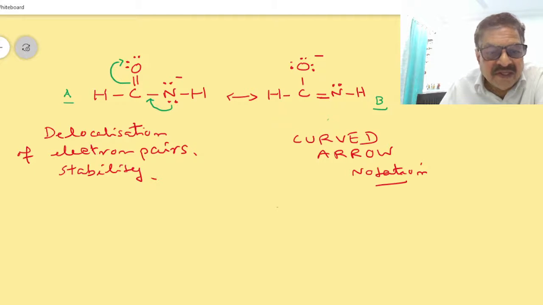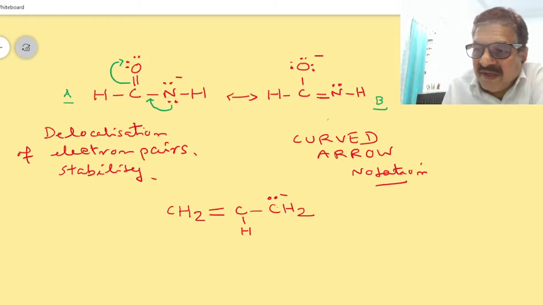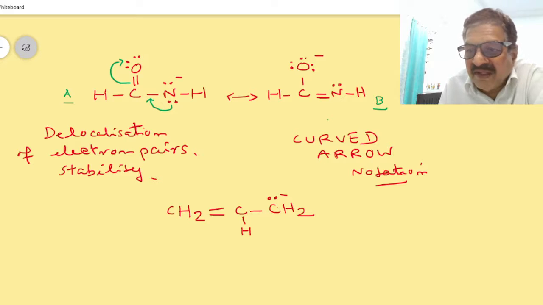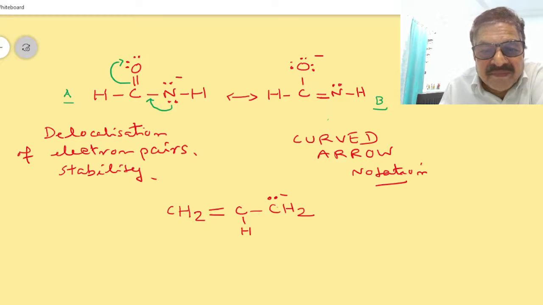Now suppose we have a structure like this: CH2 double bond CH, then CH2 minus. A structure of this nature has a lone pair here, adjacent to a carbon-carbon double bond, with a minus charge here.